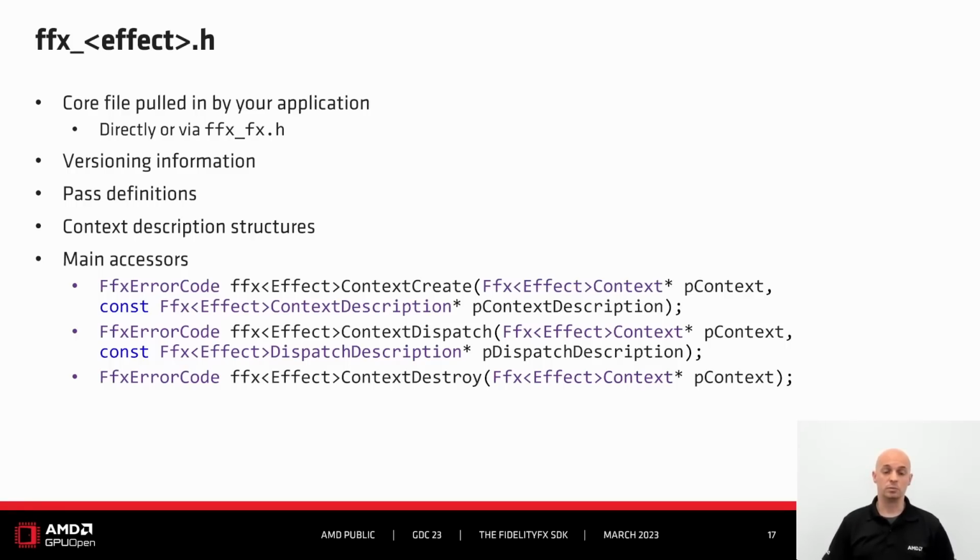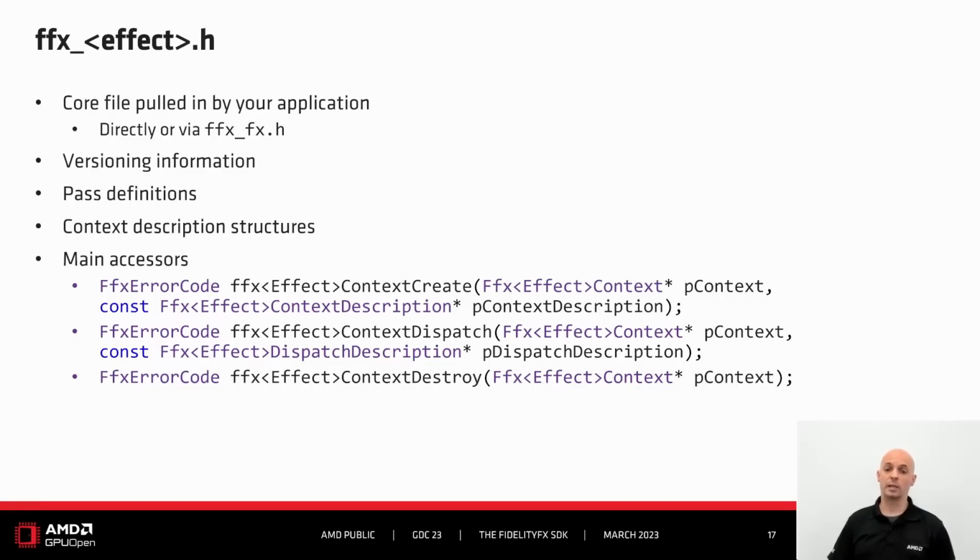Effect-specific defines to use in your application, pass enumerations, initialization bits if needed, an opaque effect context definition, which is mostly just a memory buffer that will back a private context, and context creation and dispatch description structures. These will vary on an effect-by-effect basis according to what is needed for setup and workload dispatch.